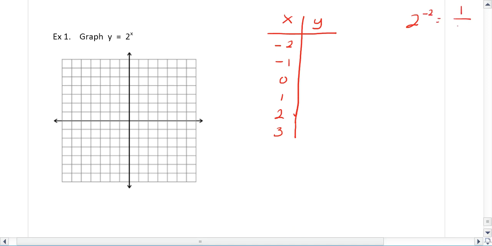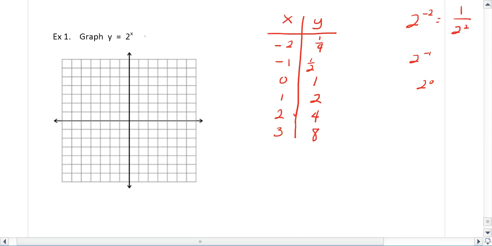Negative exponent, we flip it down here, and that becomes 1/4. Okay, this 2 to the -1 power is 1/2. Anything to the 0 power is 1. 2 to the first power is 2. 2 squared is 4. 2 to the third is 8.